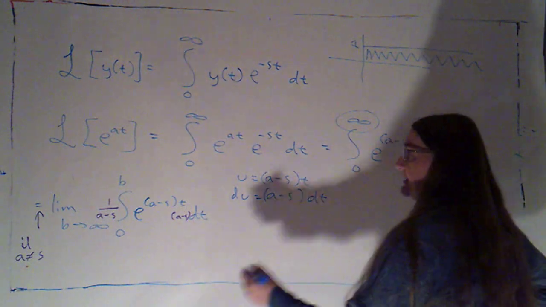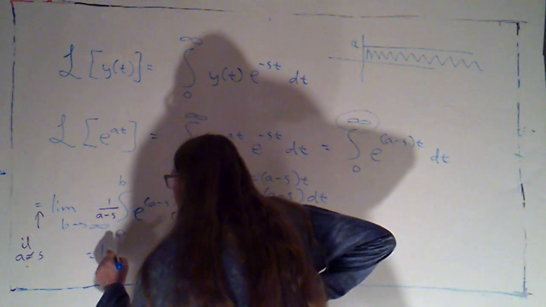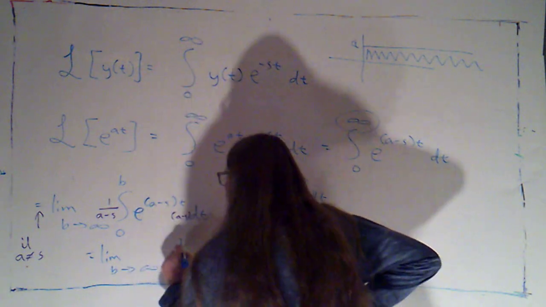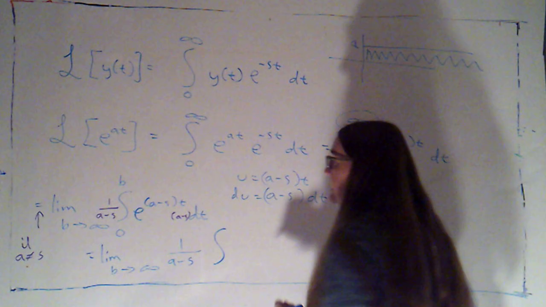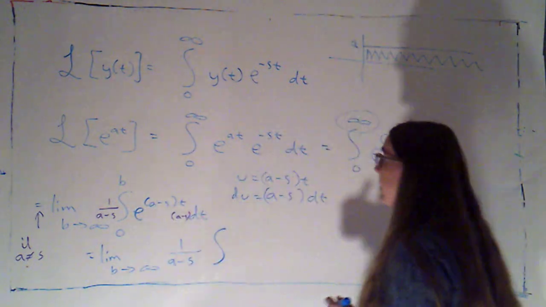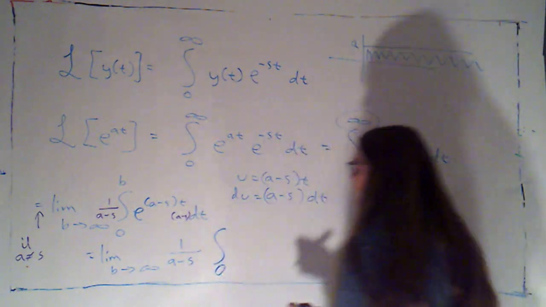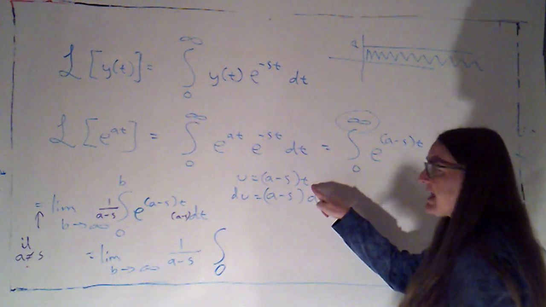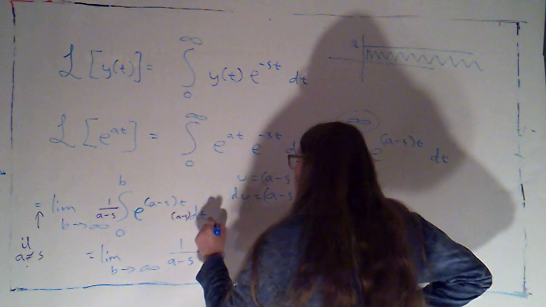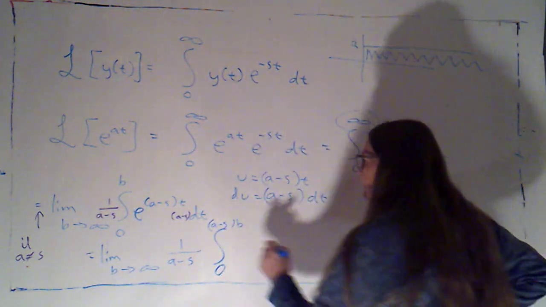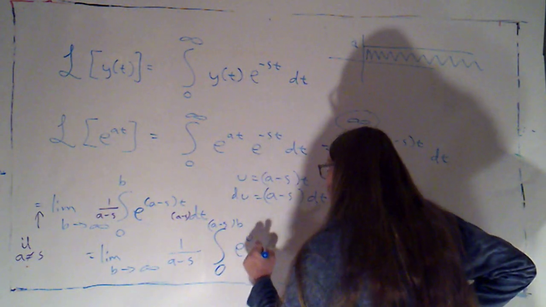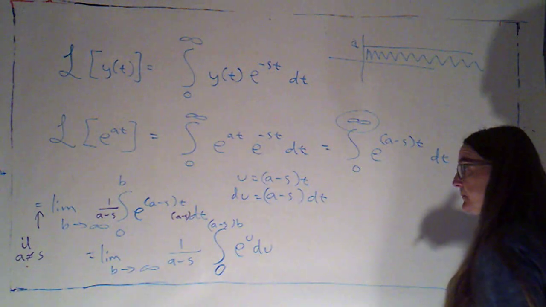So I can say this is going to equal the limit as b goes to infinity of 1 over (a minus s) times the integral from the u value at 0, which would still actually just be 0, because I'm multiplying 0 by (a minus s), to the u value at b, which would be (a minus s) times b, of e to the u du.